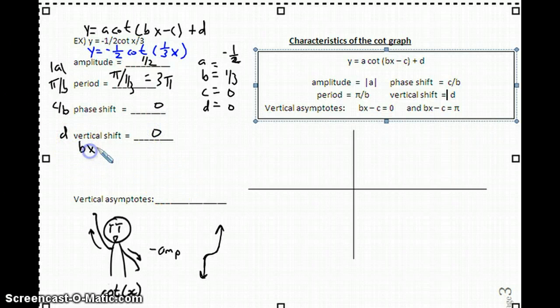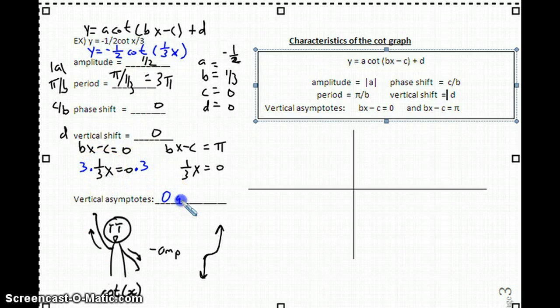So my vertical asymptotes would be bx minus c equal to 0 and equal to pi. In this case, my bx minus c is 1/3 x. To solve this for x, I would multiply by 3 and I'd get 0. Multiply by 3 over here, I set it equal to pi.